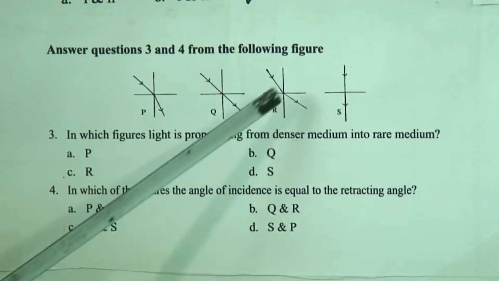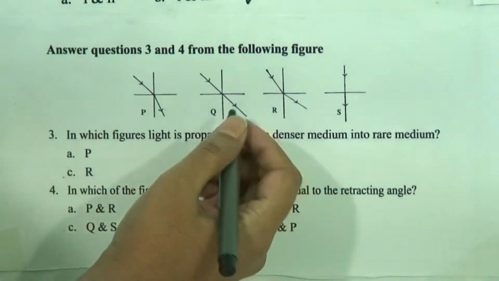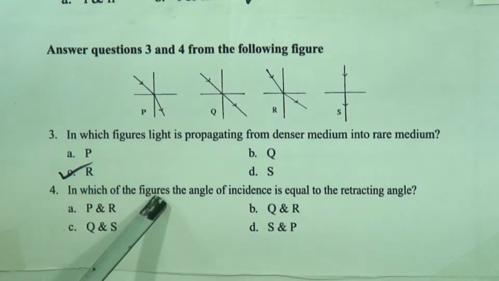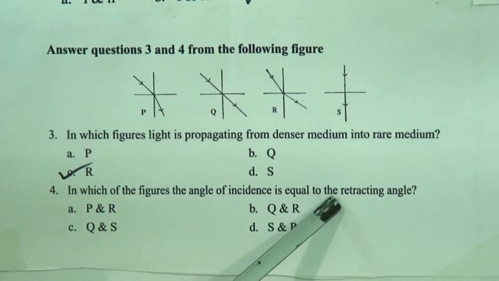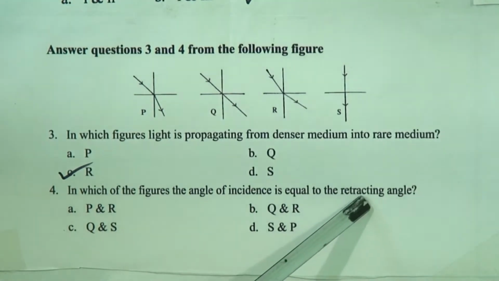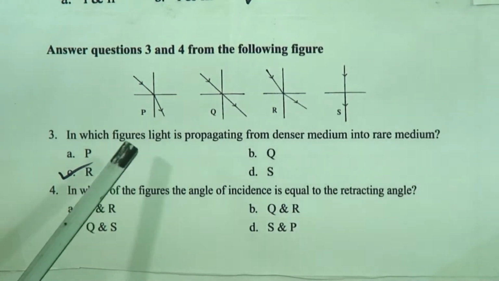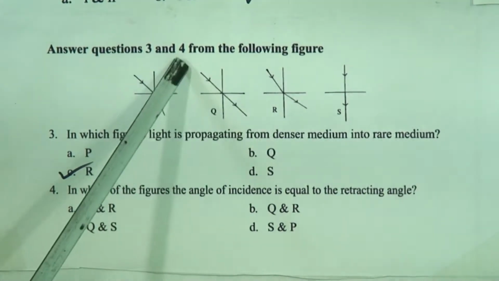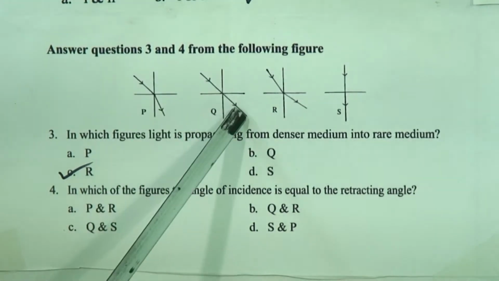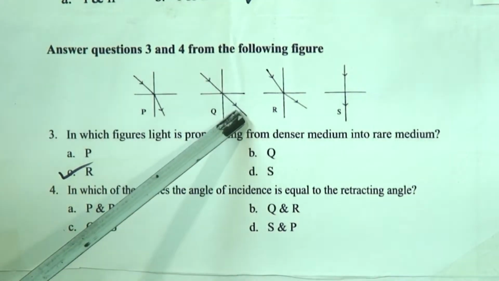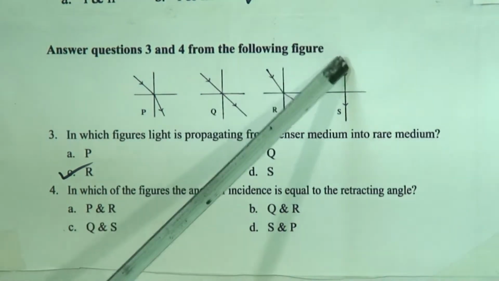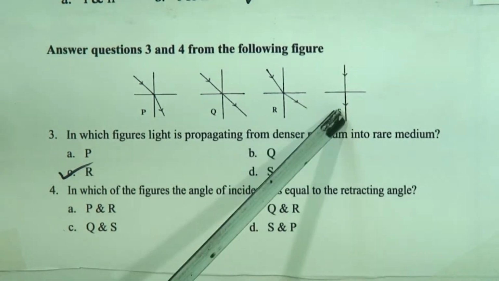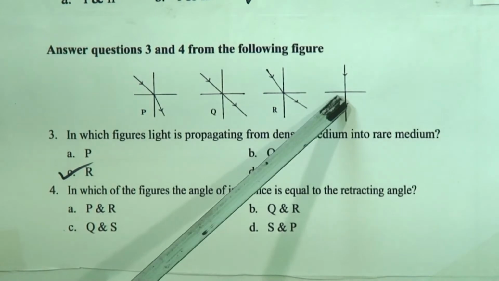That means that will be the answer. Then that is R, and in C there is written R. In which figure is the angle of incidence equal to the angle of refraction? Dear students, here Q, that means that line goes straight, it doesn't bend towards the normal or away from the normal, and this light ray goes through the normal, its incidence angle and refracted angle are both 0.